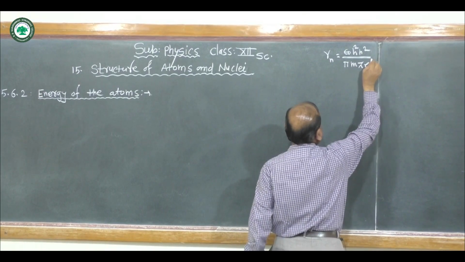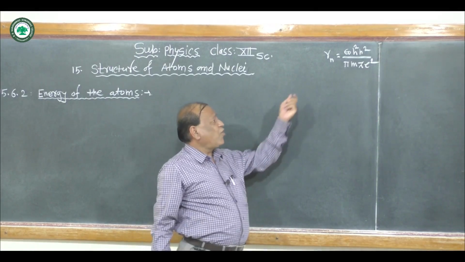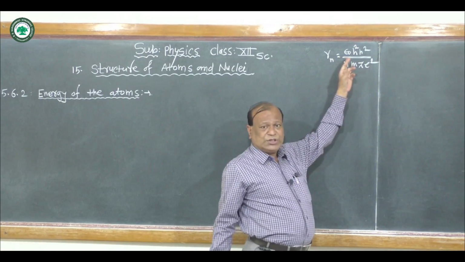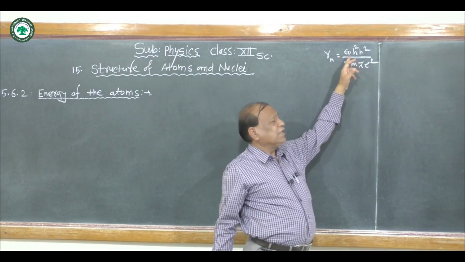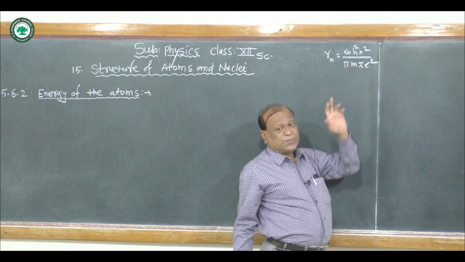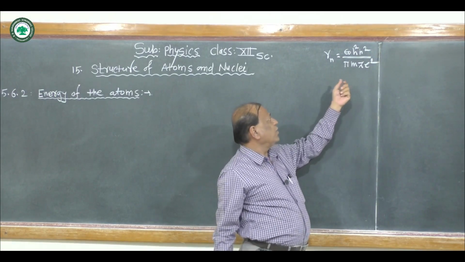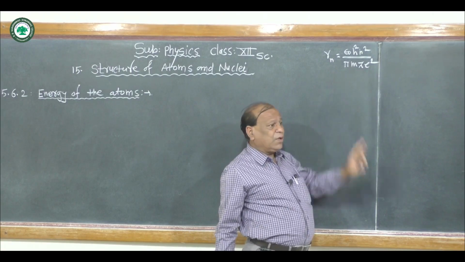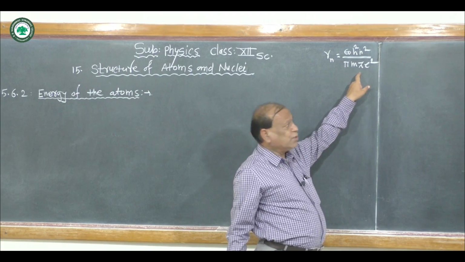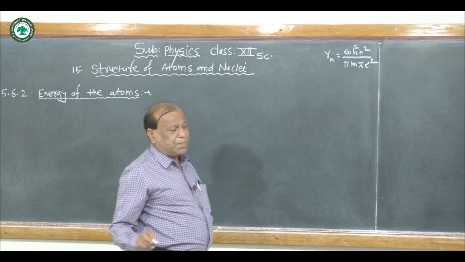Here epsilon 0 is the permittivity of free space, h is Planck's constant, and n is the principal quantum number, whose value is 1, 2, 3 and so on. m is the mass of the electron, Z is the atomic number, and e is the charge.